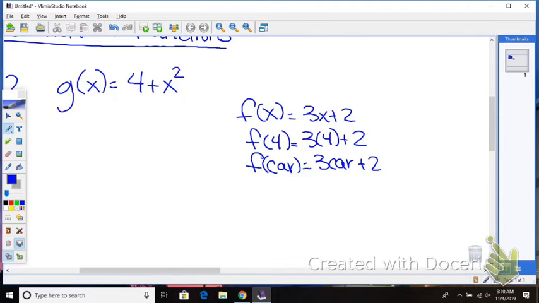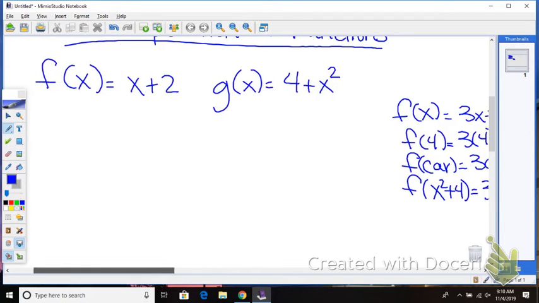What if I said f of x squared plus 4? You just put it in for x. So I'd have 3 times x squared plus 4 plus 2. This is a composition of functions, when you put a function into another function. We just put the function x squared plus 4 into the function 3x plus 2. If you understand this, you're going to understand this.